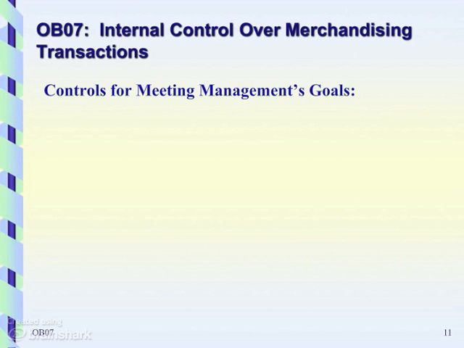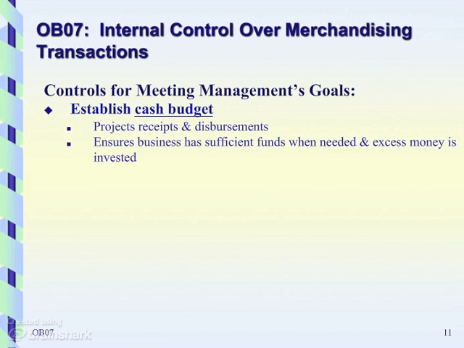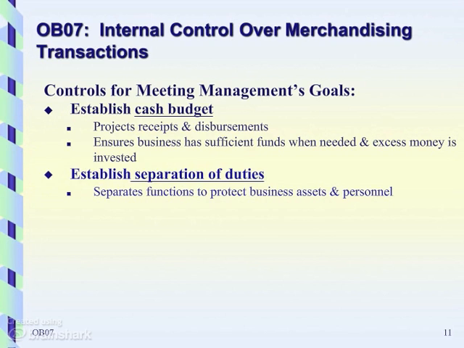Some controls that management can put in place to meet its goals are, first, to establish a cash budget. Projecting receipts and cash disbursements will help ensure businesses have sufficient funds when needed and excess money is properly invested. Additionally, again, management wants to establish separation of duties. Establishing separate functions can protect the business, its assets, and its personnel.